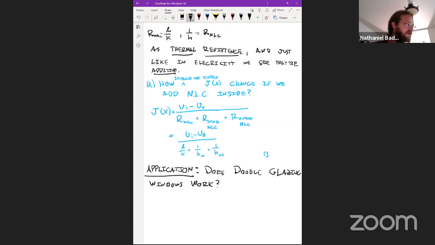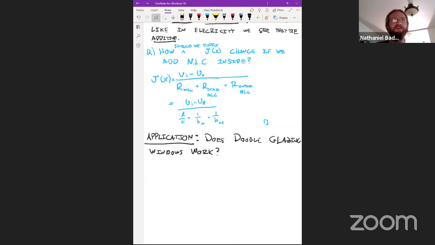What is the idea behind double glazing a window? Those of you who live in Boston or places where it gets cold will maybe have some idea. The idea is that instead of a single pane of glass, you have two panes of glass, but then you actually have an interface between them.